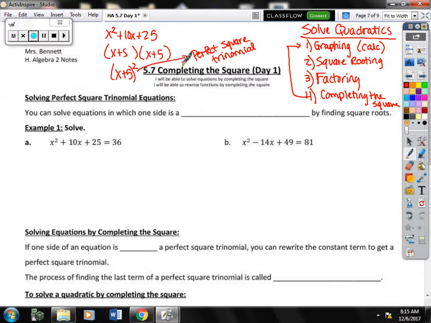That's a perfect square trinomial. So what we're going to do today is make the equations look like this so that we can factor them and be exactly the same, and then we'll be able to square root the binomial square. Okay. So you can solve equations in which one side is a perfect square trinomial.